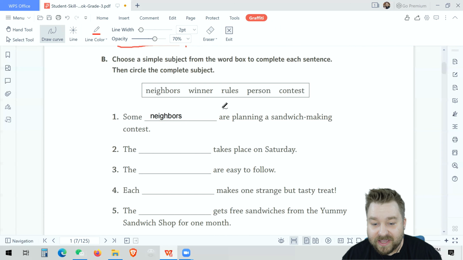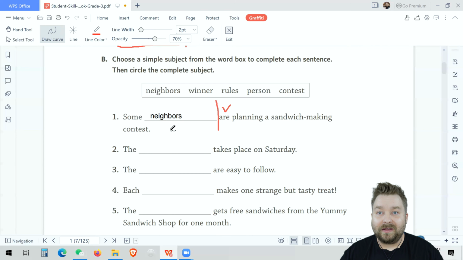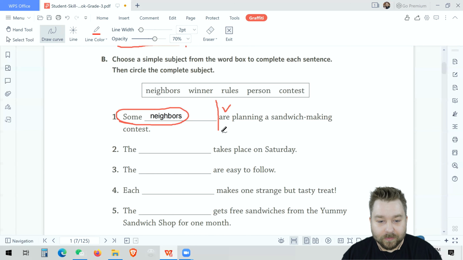So we got our verb here: are planning. Planning's a verb too. So let's draw that line right there. We knew neighbors was part of the subject because it said put the word in the subject. So what is our complete subject? All of it. Some neighbors. Cool.